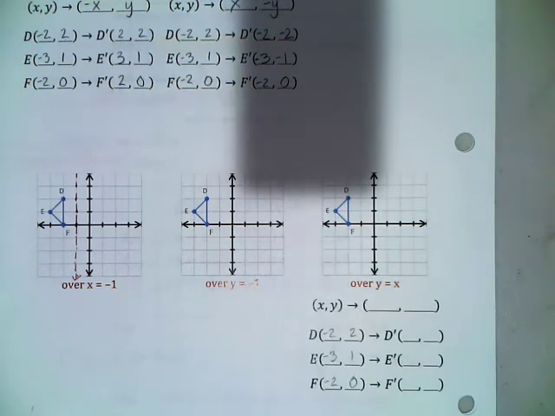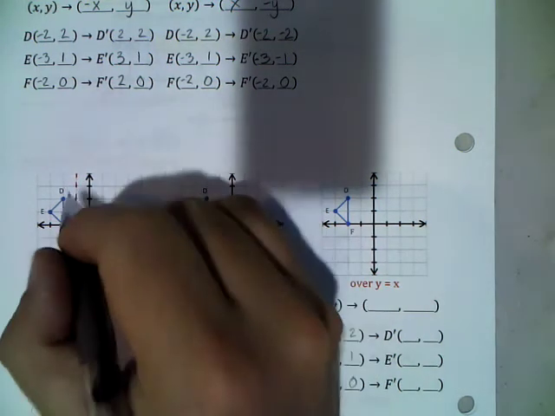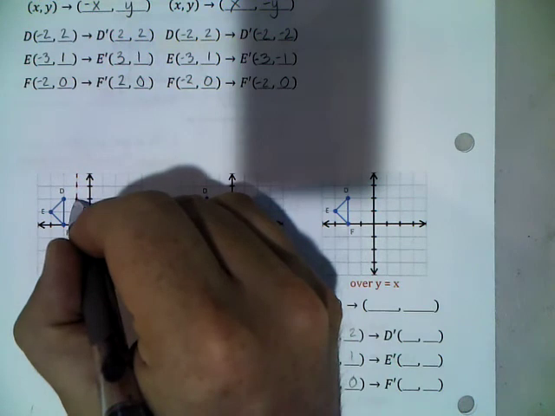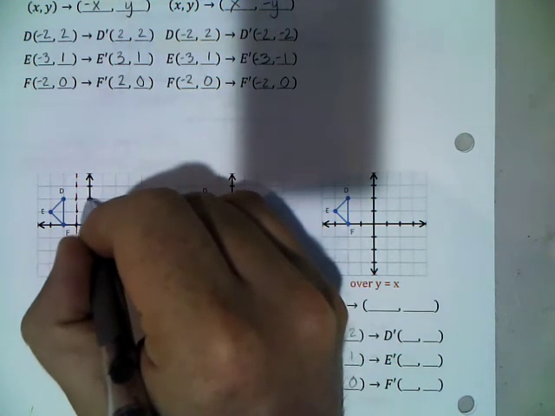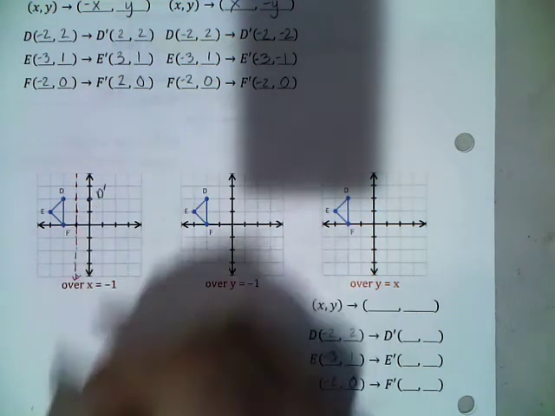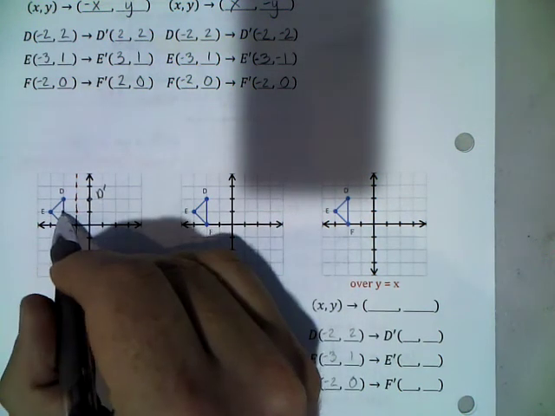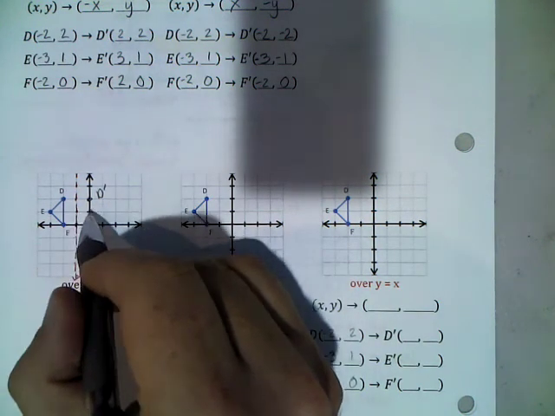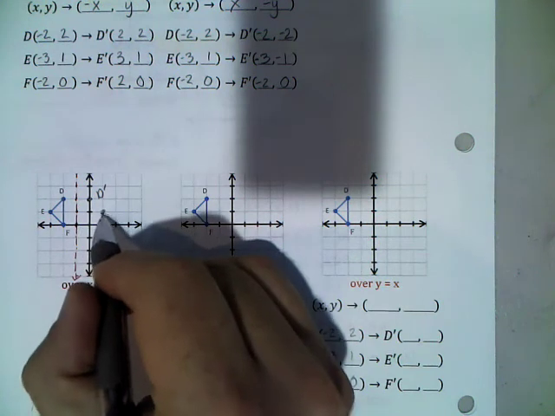So if that's my mirror, then to find the reflection, remember we're going to go towards it and then go the same distance on the other side. So D just moves one space towards it. So one space on the other side is my D prime. E is 2 spaces away, so 2 spaces on the other side.